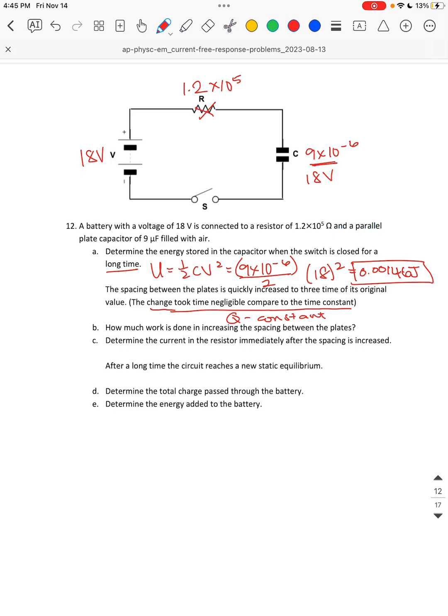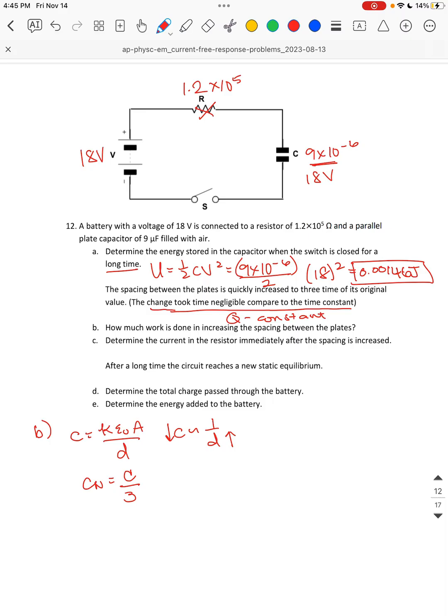And so when we talk about the spacing, we are going to analyze this capacitor equation, kappa epsilon naught A over D, which lets us know that capacitance is inversely proportional to D. So if D increases by 3, capacitance decreases by 3. So C new is equal to C over 3.